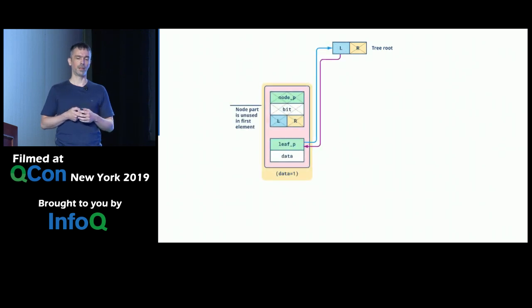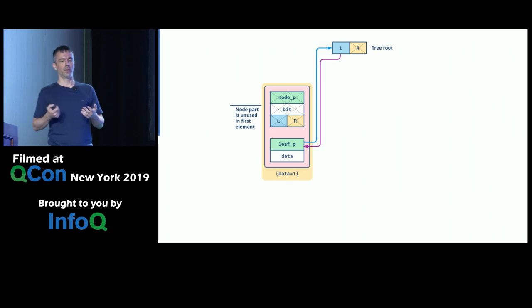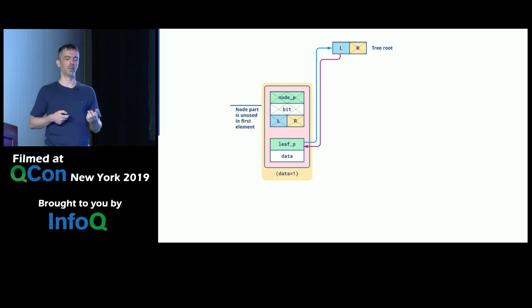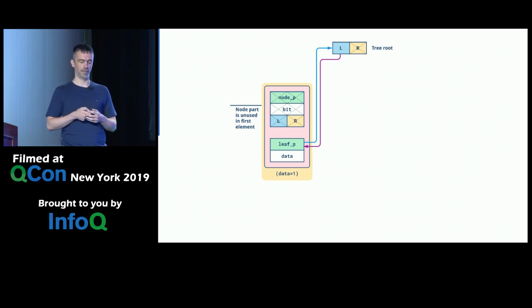And after adding the first element, in our case the element with the key value of 1, we only need to connect the tree root pointer to the leaf, and this is the node part which we are cheating on. This is the node part that's not going to be used. And we're done. Thank you for coming.